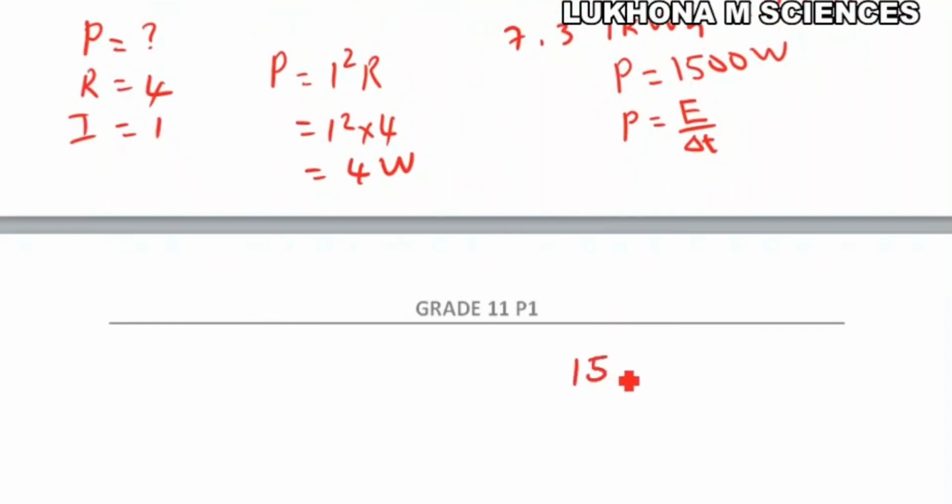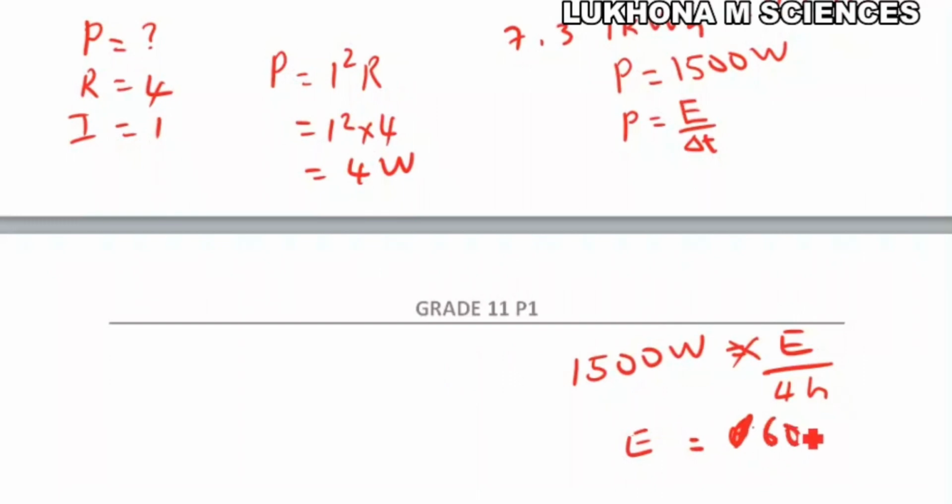So let's substitute: 1500 watts is equal to the energy divided by how many hours? 4 hours. Then let's cross multiply. Now the energy is 1500 times 4, which is 6,000 watt hours.